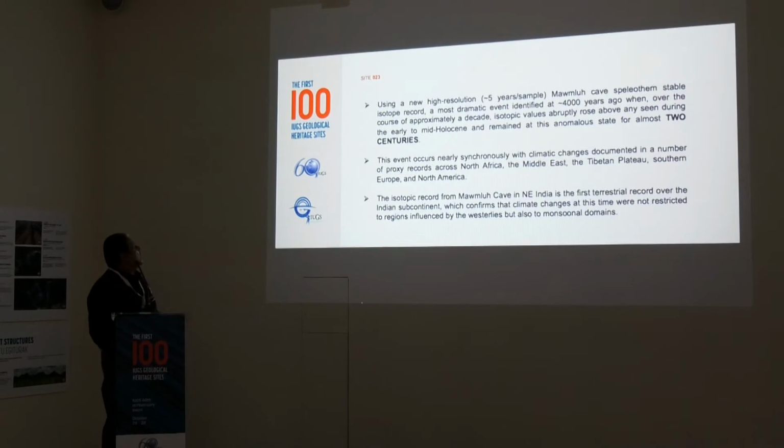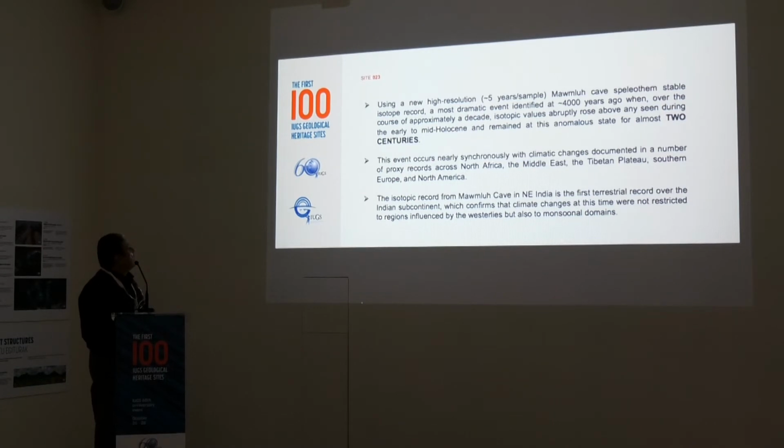Now, using a new high resolution Mawmluh cave speleothem stable isotope record, a most dramatic event was identified at around 4,000 years ago, when over the course of approximately a decade, isotopic values abruptly rose above any seen during the early to mid Holocene and remained at this anomalous state for about 2 centuries.